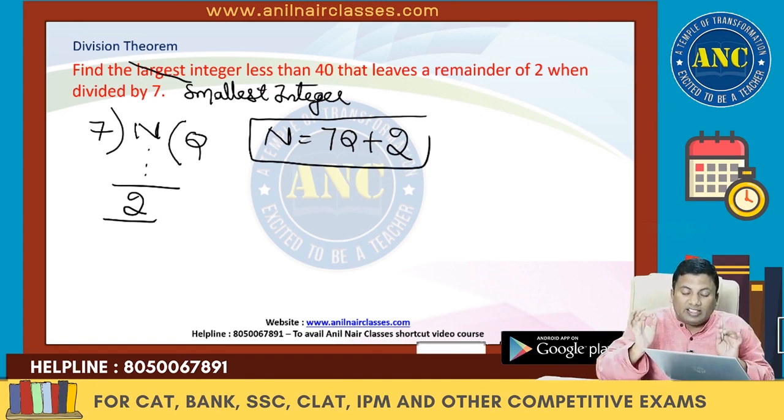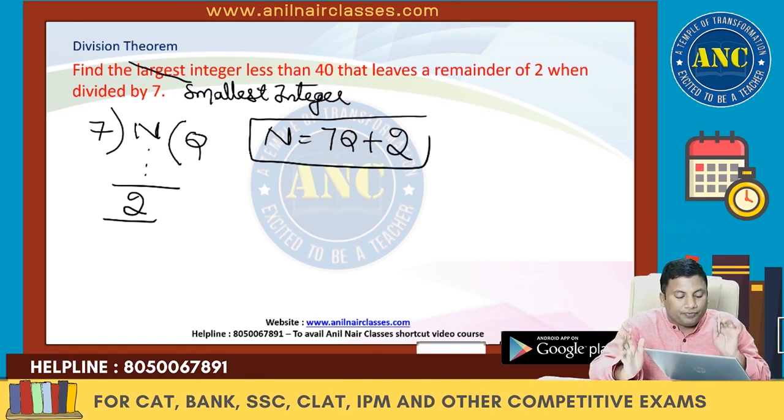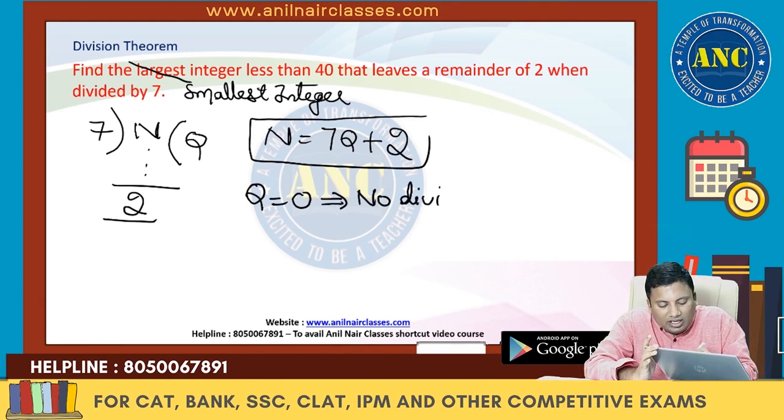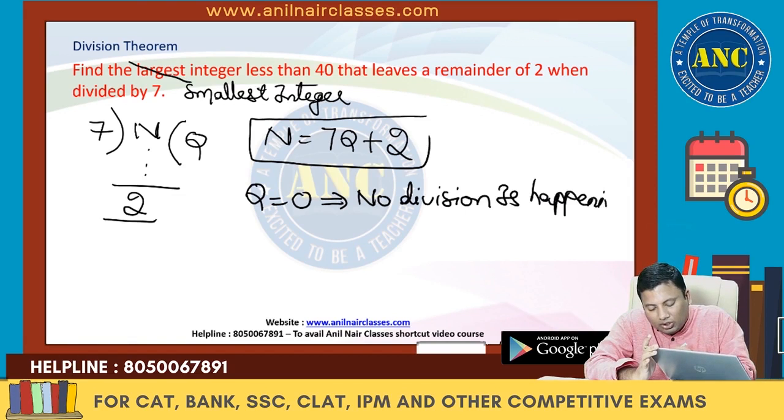That is exactly the reason I said most of the students will take q value as 0. What do you mean by q value 0? Q value 0 means no division is happening.